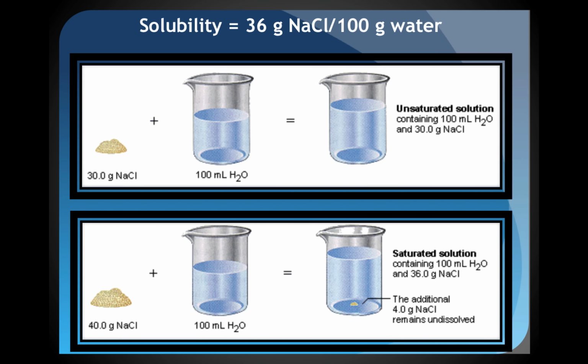That means 4 grams of salt will remain undissolved. Those 4 grams of salt will sit at the bottom of the beaker. It doesn't matter how much I add, it matters how much gets dissolved. The solubility is 36 grams of salt in 100 grams of water at this temperature.